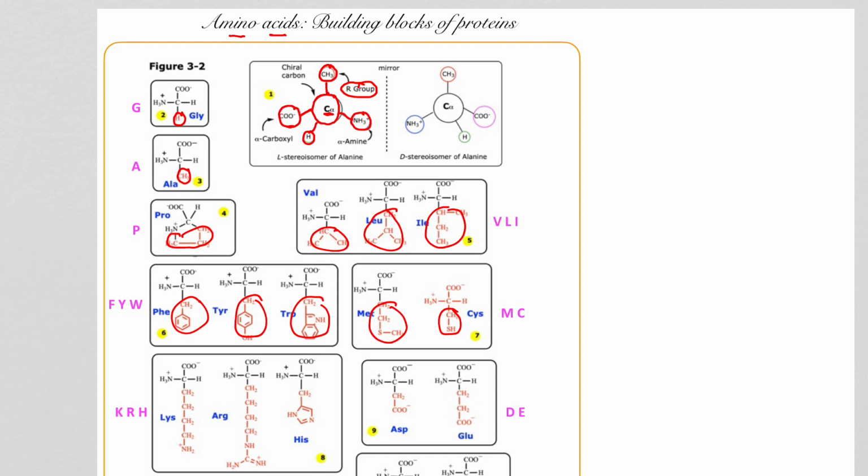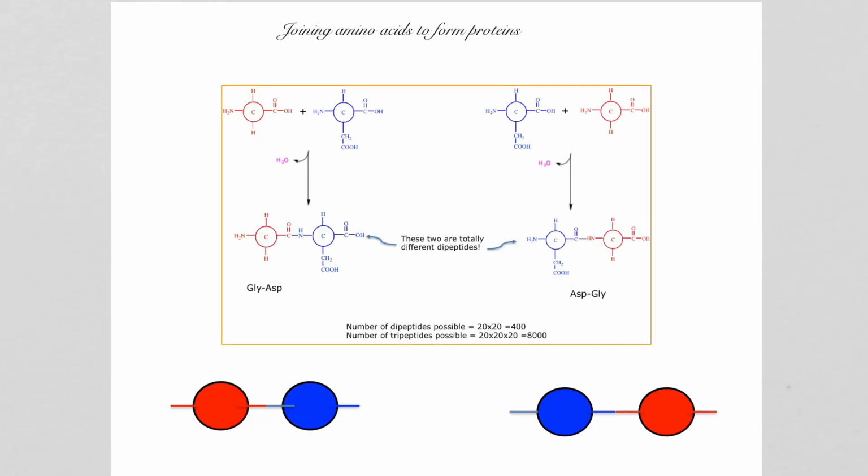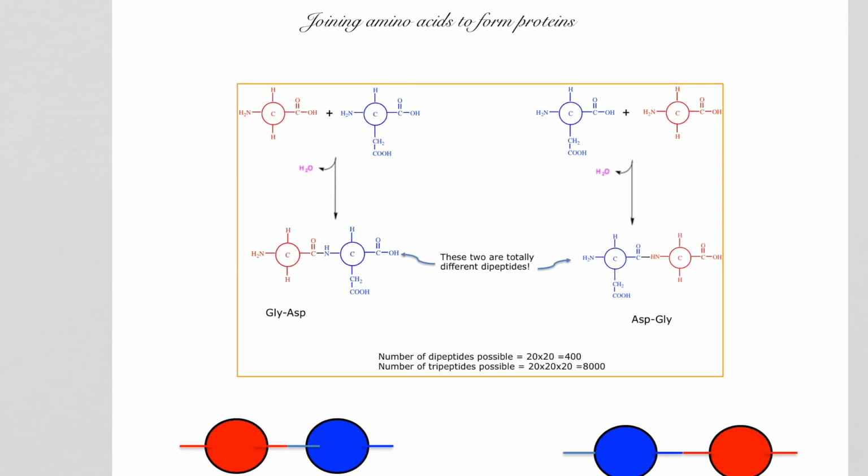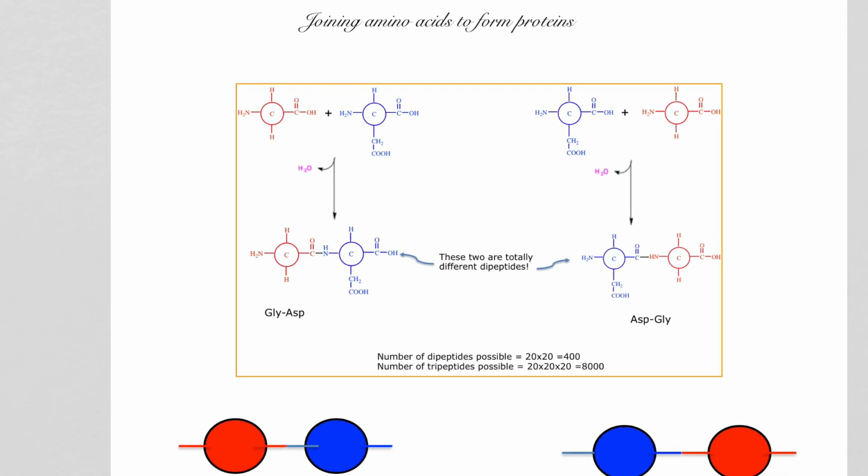Alpha carbon joined to 4 groups: your carboxyl, your amine, then the hydrogen, and finally some group called the R group. So how are these amino acids joined together to form a protein?